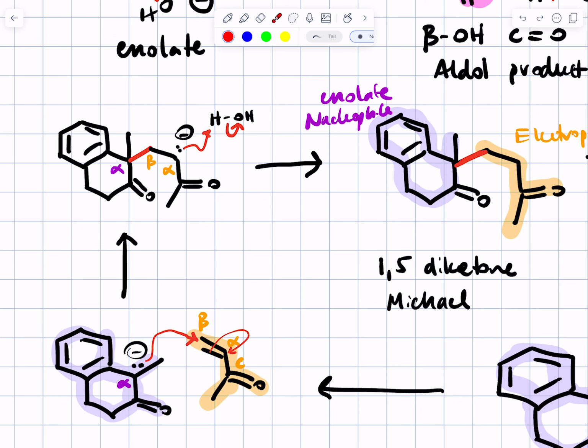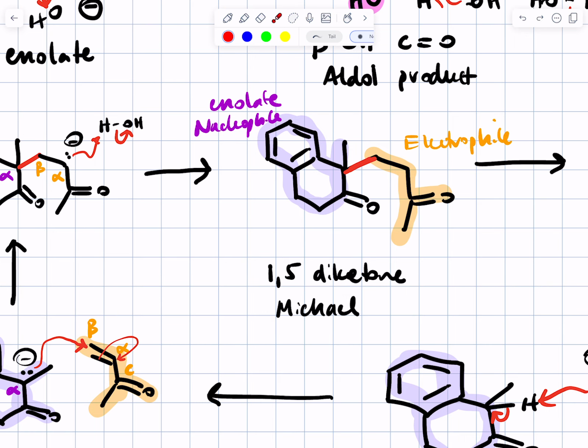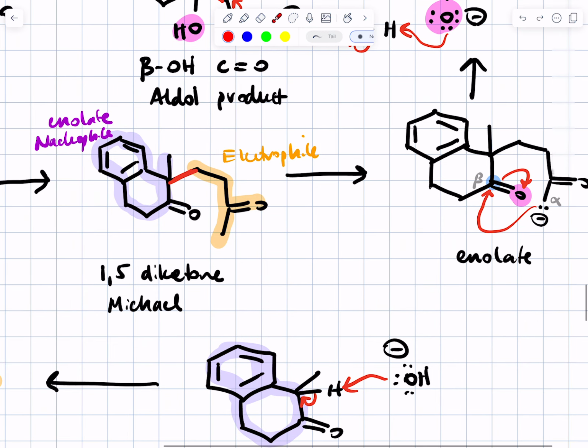This product is an enolate with a negative charge on the alpha carbon. We protonate that alpha carbon to get to the Michael product, the 1,5-diketone. Then we remove, and this is something we didn't draw, this second orange alpha proton using hydroxide as a base.